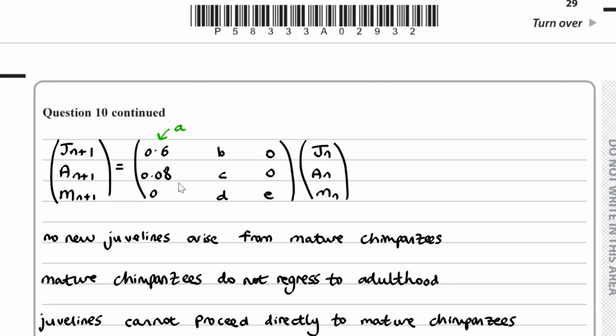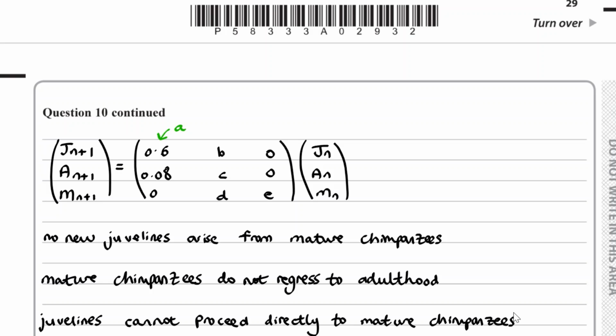And for that you have to bear in mind the following statements. No new juveniles arise from mature chimpanzees. That makes sense because we know that a mature chimpanzee does not reproduce. Mature chimpanzees do not regress to adulthood, meaning that if you're a mature chimpanzee over the age of 40, you can't go backwards in age to adulthood. And juveniles cannot proceed directly to mature chimpanzees.